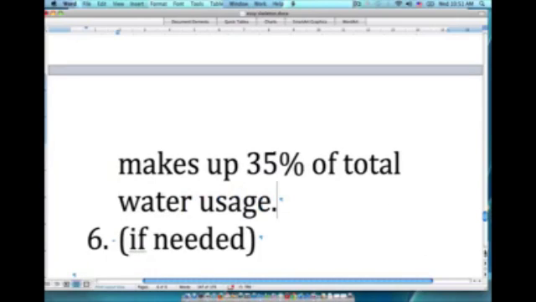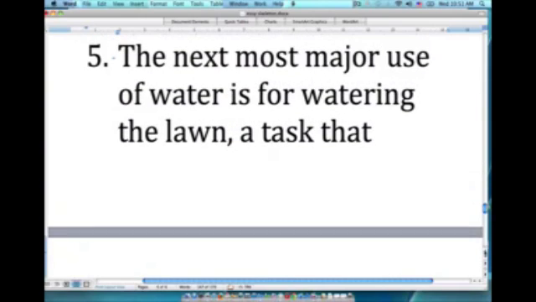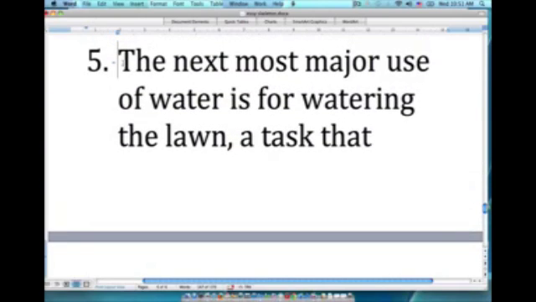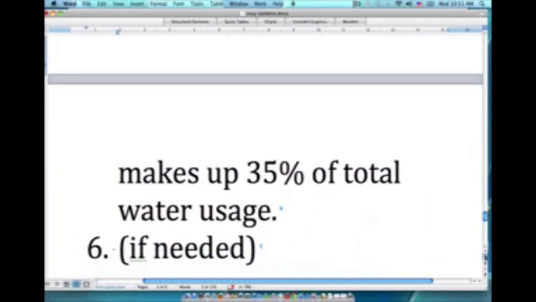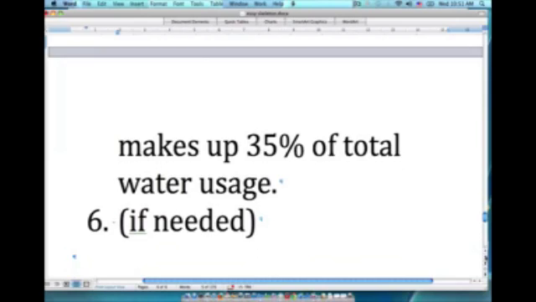Okay? The next most major, again, cohesion. When we read this, we know there was information that came before it. So this creates a sense of fluency when the reader reads this piece. The next most major use of water is for watering the lawn, a task that makes up 35% of total water usage.